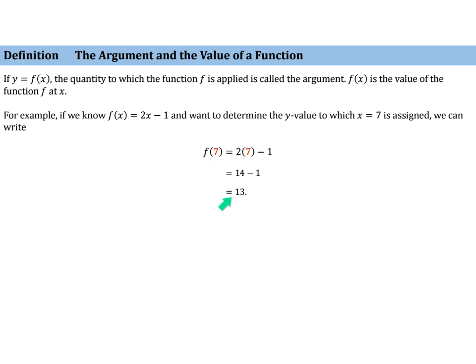The equal signs are important because they lead us to 13. Now, going back to the concept of an argument and the value of a function, 7 is the value to which we are applying f, so 7 is the argument. 13 is the value of the function at that argument.